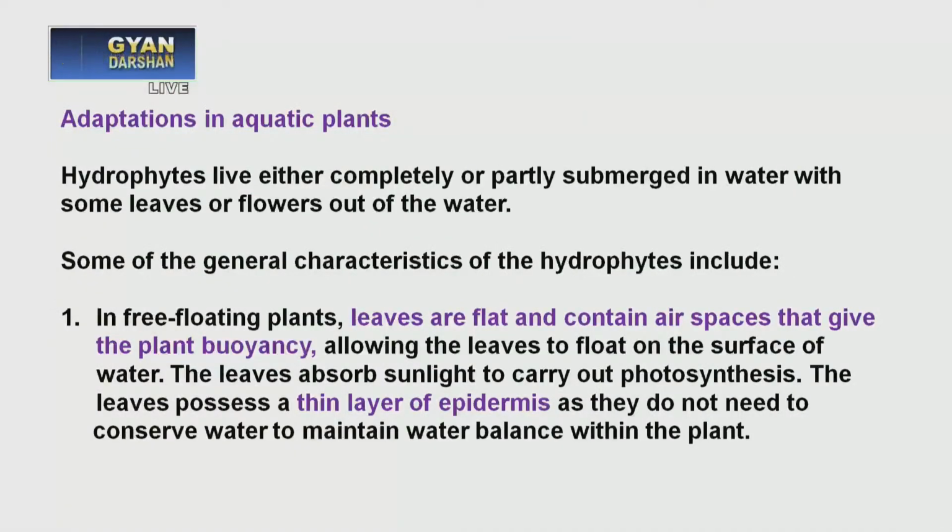Number 1, in free-floating plants, leaves are flat and contain air spaces that enable the plant to maintain buoyancy, allowing the leaves to float on the surface of water. The leaves absorb sunlight to carry out photosynthesis. Leaves possess a thin layer of epidermis, as they do not need to conserve water to maintain water balance within the plant.